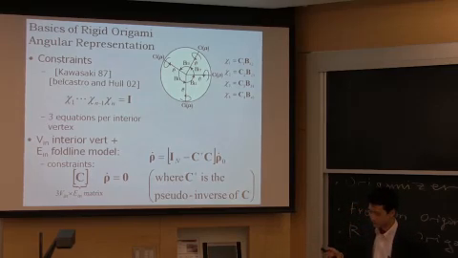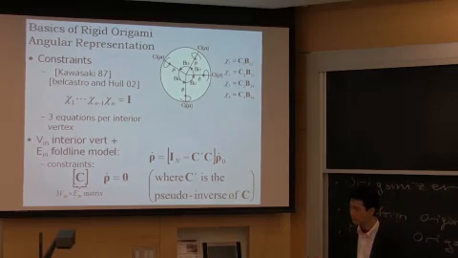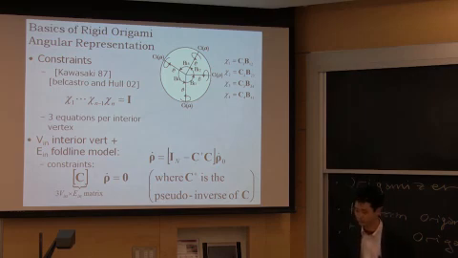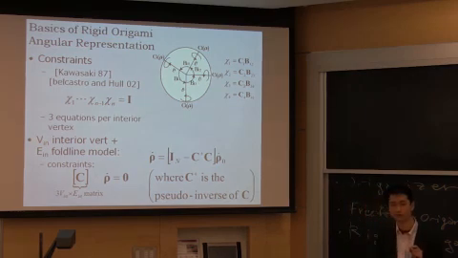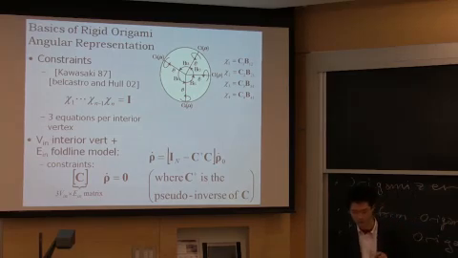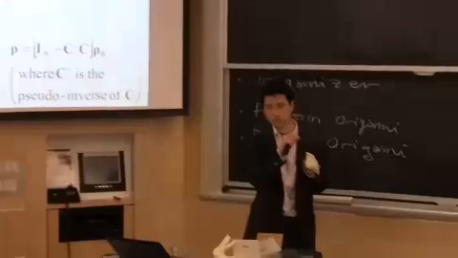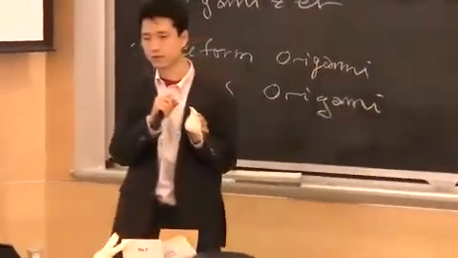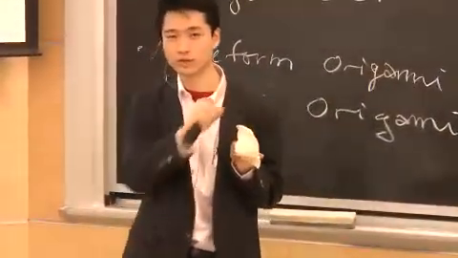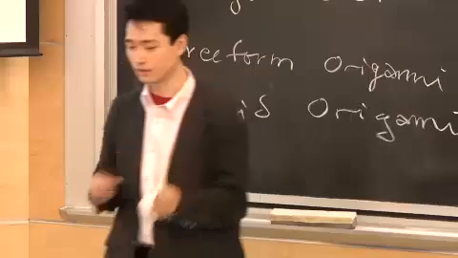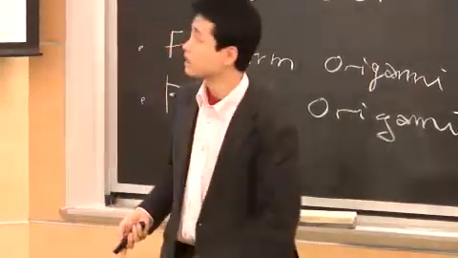This can be represented in different ways. The first easy representation is a truss model, which basically uses vertex coordinates as the variables and then constrains them with rigid bars that connect the vertices.